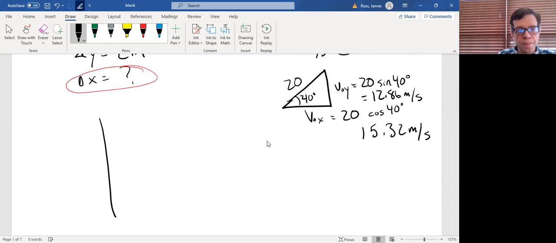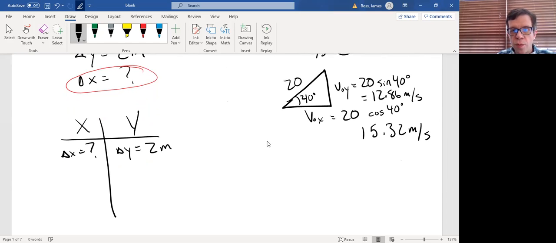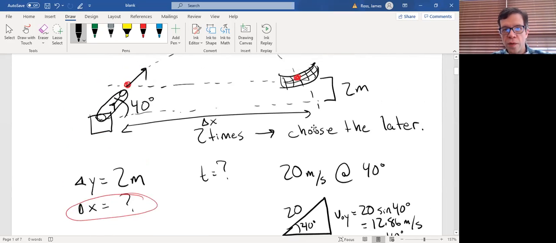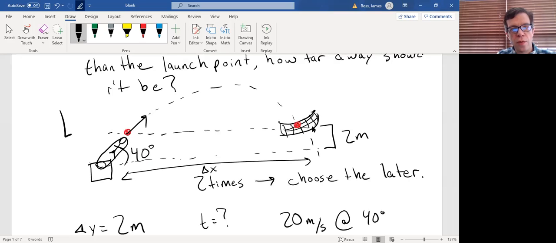All right. I just like to organize my data this way. We now have our delta x is what we're looking for. Our delta y is a positive 2 meters. a_x is 0. a_y is minus 9.8 meters per second squared. And again, I've assumed a standard coordinate system. I didn't actually draw one in here.